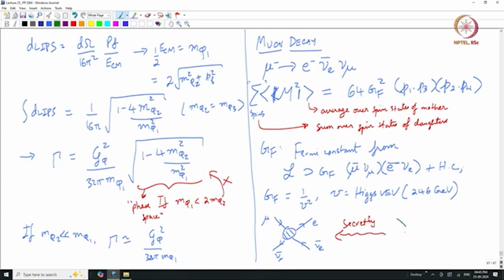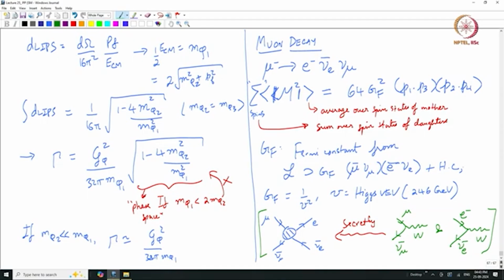Ultimately this is the fundamental vertex for muon and muon neutrino. This is another fundamental vertex. We put these together and get the contact interaction vertex. That is exactly what we saw when we did electroweak symmetry breaking.